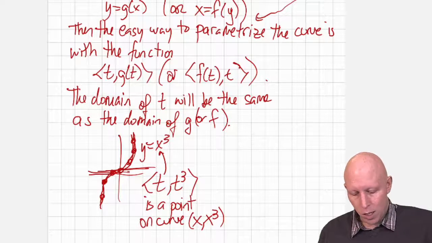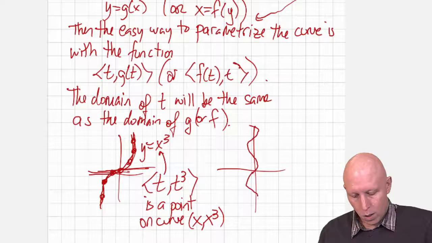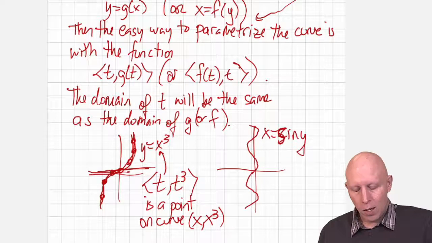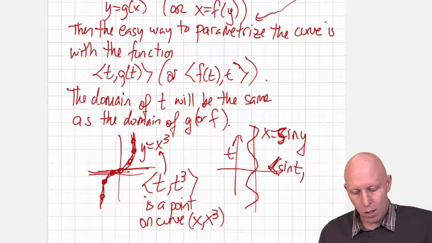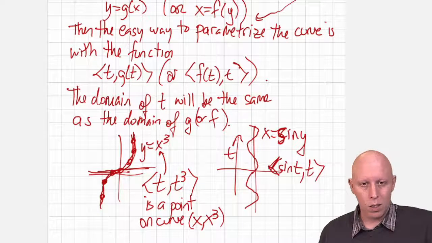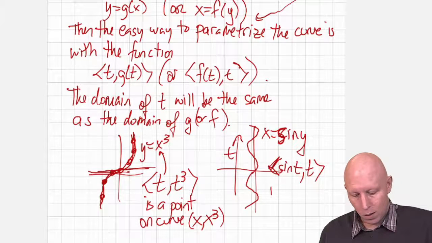Right? So similarly, if you had the function x equals sine of y, we can just let y be the parameter t, and we can choose x is sine of t, y is equal to t, as a parametrization of the curve.